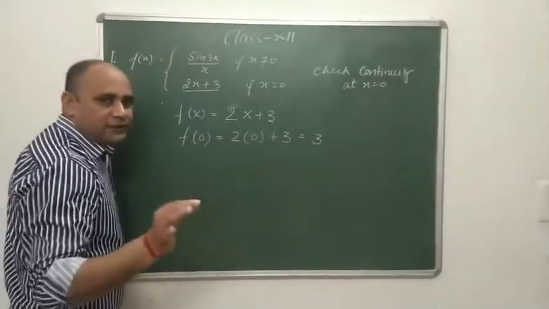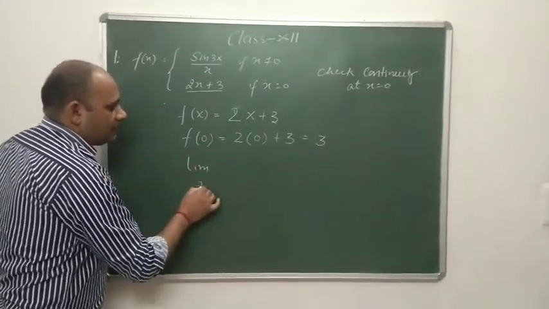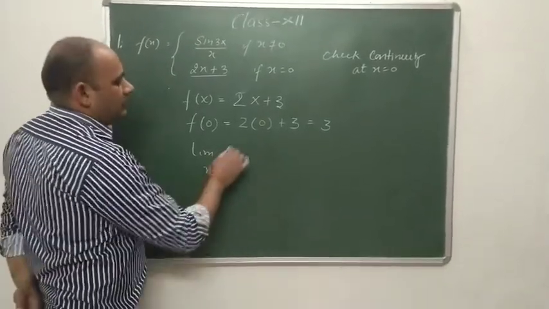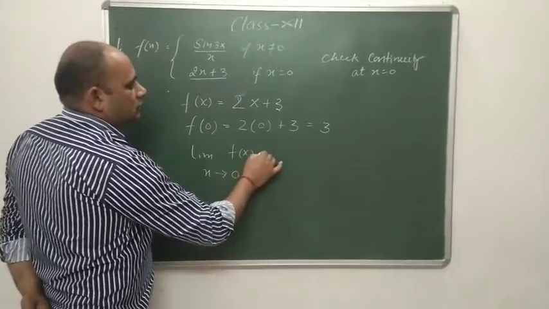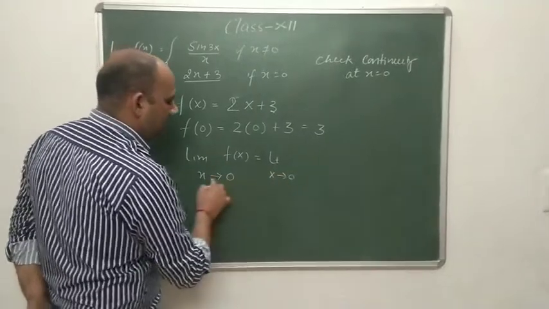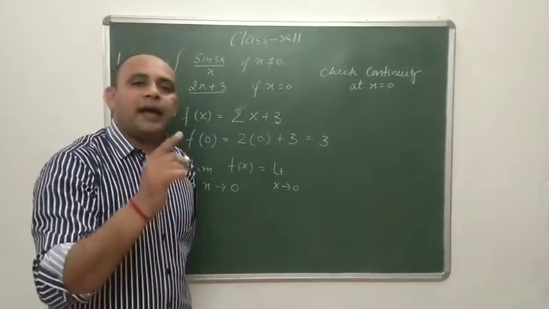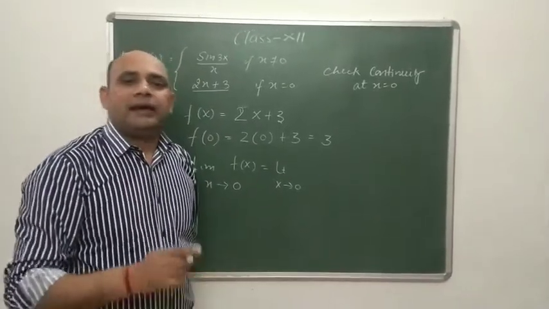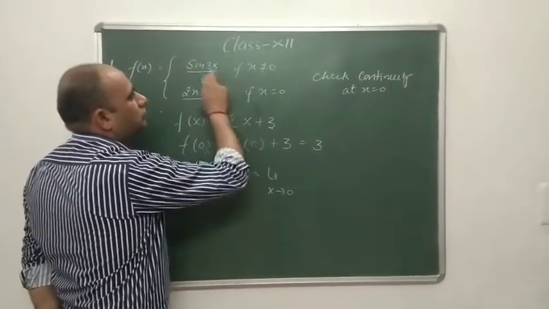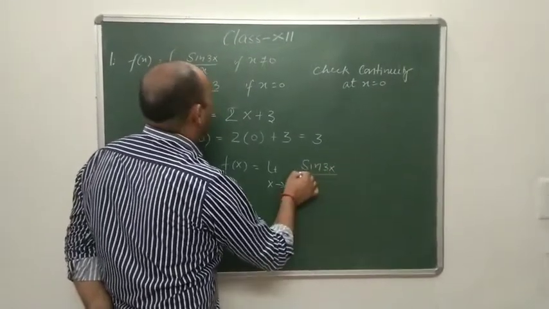Now limit x tends to 0 of f(x). You know limit means x is not equal to 0, x approaches 0, so the function is sin 3x by x.